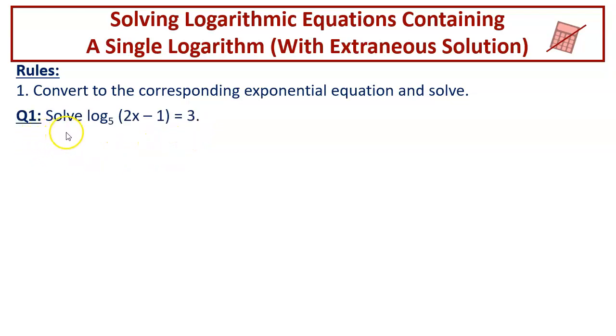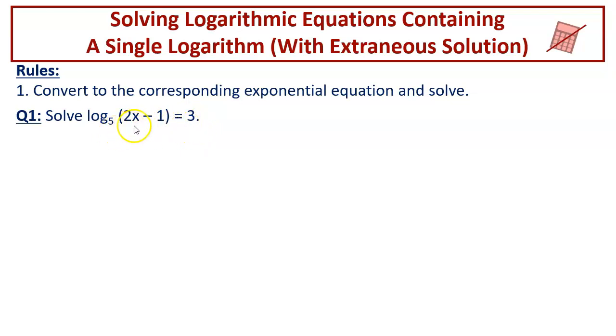Question number 1. Solve log of 2x minus 1 to the base 5 equal to 3. This is a logarithmic equation. We have to convert it to its corresponding exponential equation. Base b is 5, argument a is 2x minus 1, and the power p is 3.